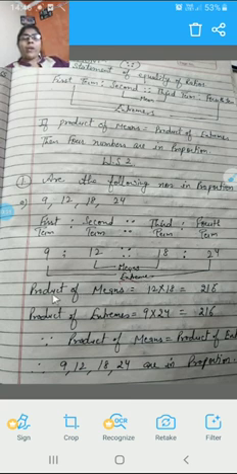At first we calculate the product of means: 12 multiplied by 18 is equal to 216, and similarly the product of extremes is also 216. It means that if the product of means is equal to the product of extremes, then we can say that 9, 12, 18, 24 are in proportion.